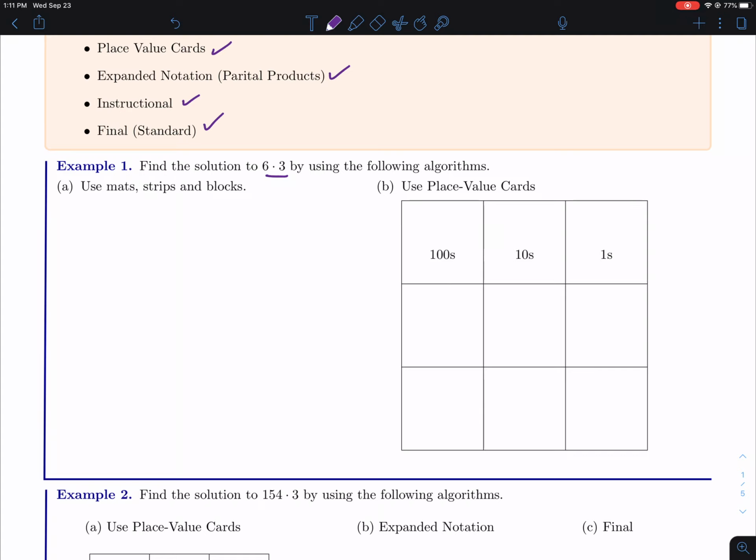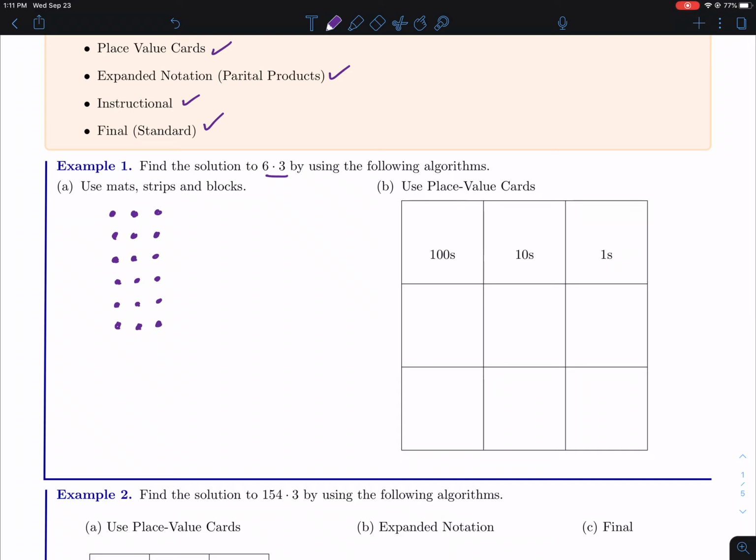If we're multiplying 6 times 3, we're going to get 3 dots and write it six times. 1, 2, 3, 4, 5. And so what we know we've got is 18 dots.